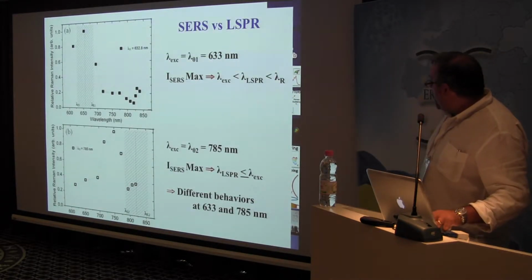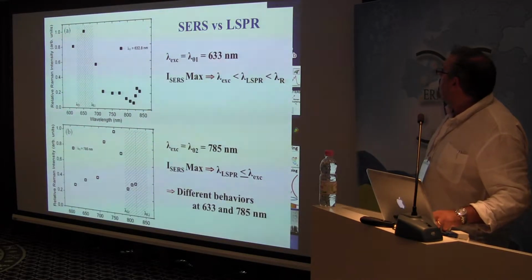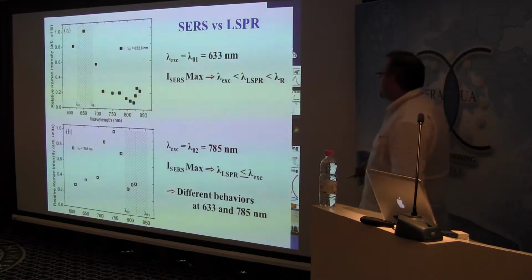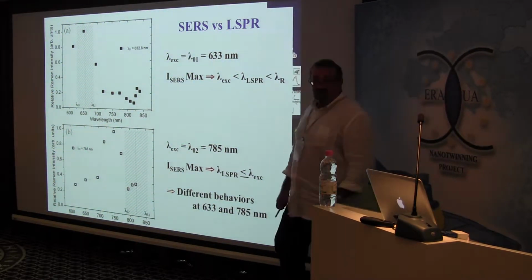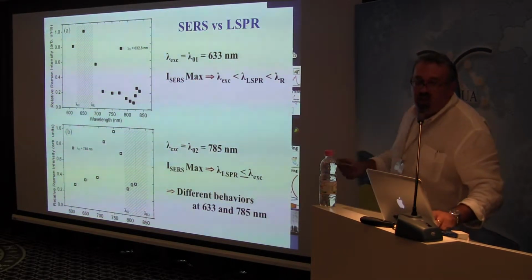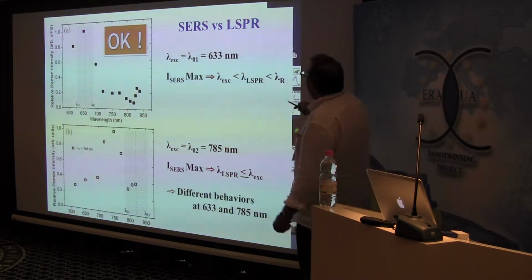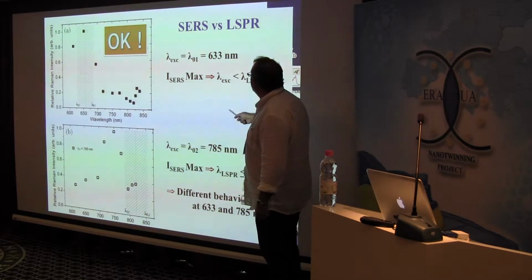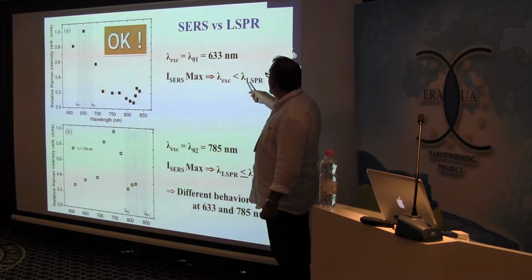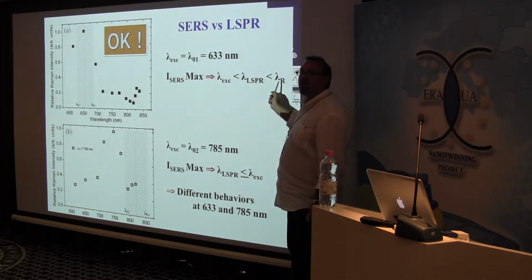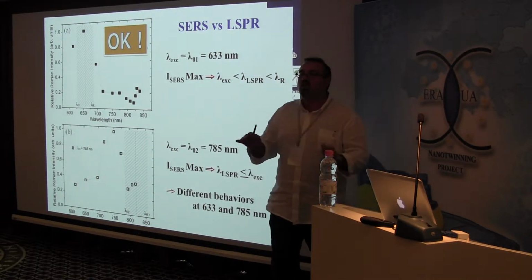So, the group of McLellan-Lachapelle has done 2 experiments, one in the visible, 633, and one in the near infrared, 785. And strangely, they found 2 different behaviors, in the sense that if we excite at 633, it turns out that SERS is maximum when lambda LSPR is in the middle between these 2 guys. So everything seems to work.